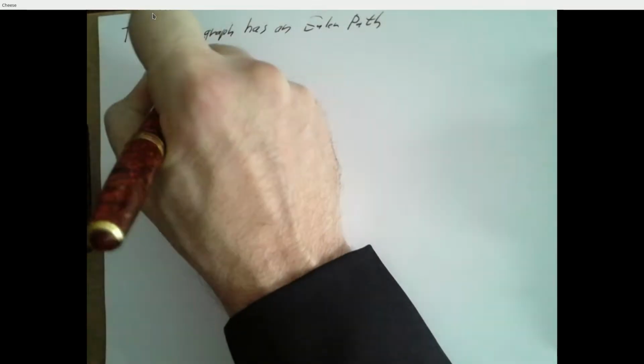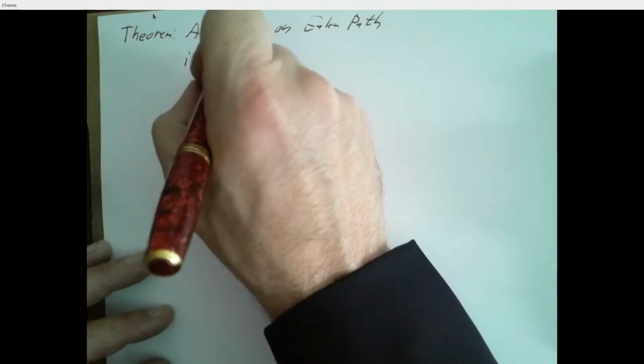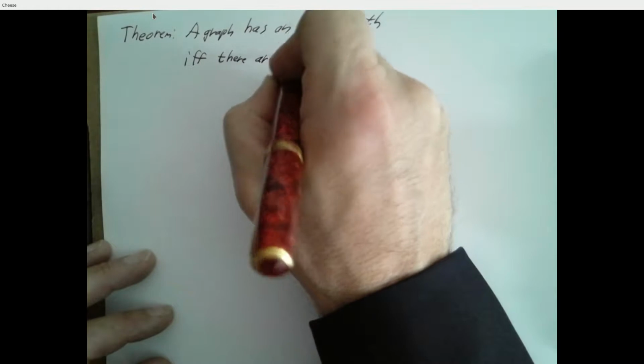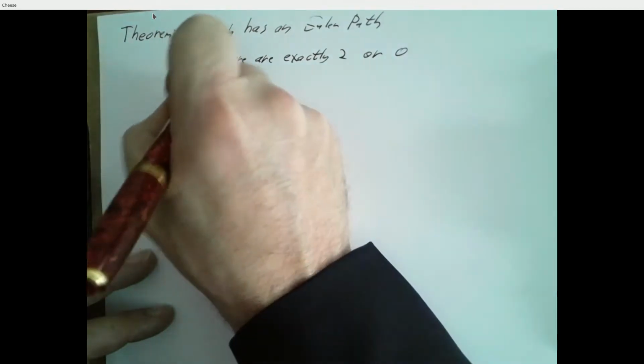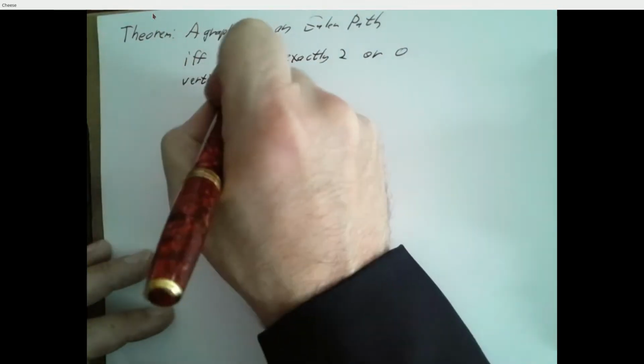A graph has an Euler path if and only if there are exactly 2 or 0 vertices with odd degree.